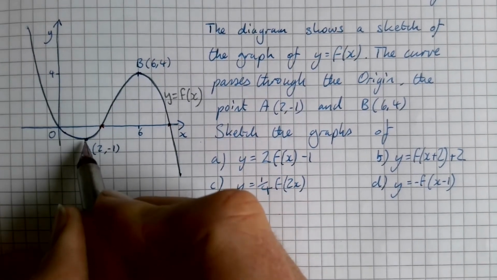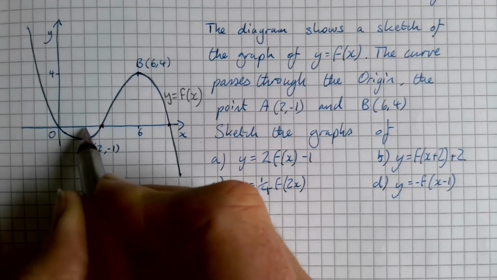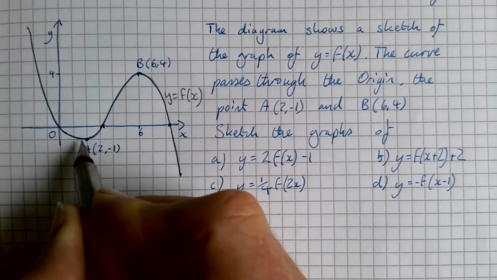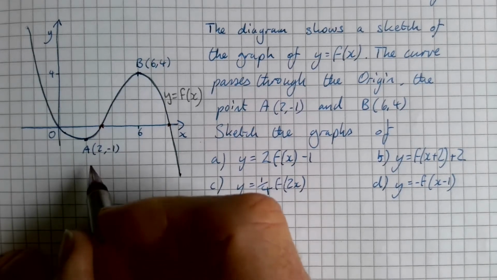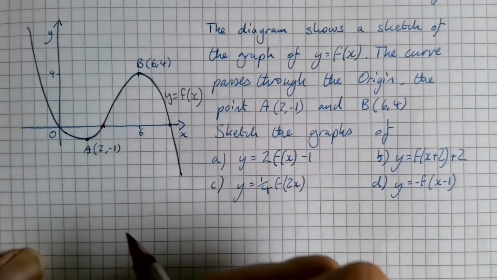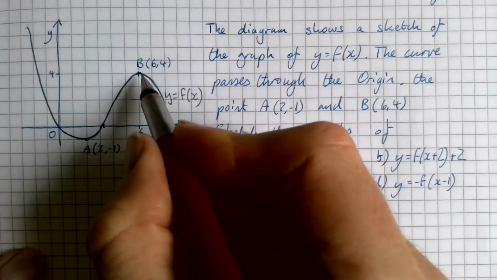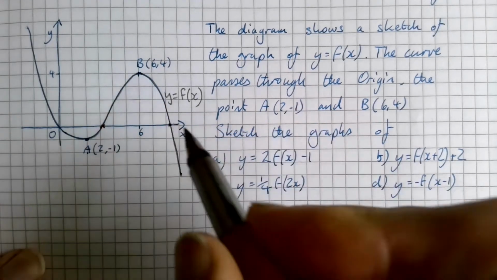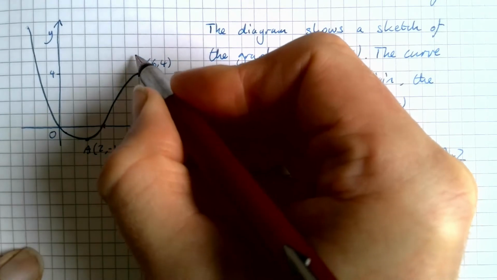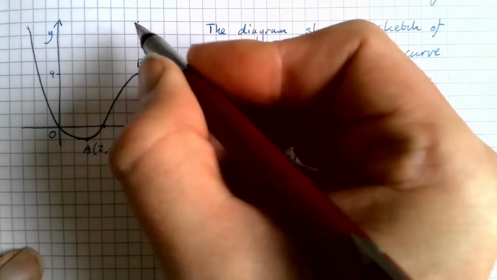What we are expected to know is that this is going to double here. So this distance below is going to double down to here, and this distance here is going to double, so that's up to 4, so that's going to go up to 8. 5, 6, 7, 8.